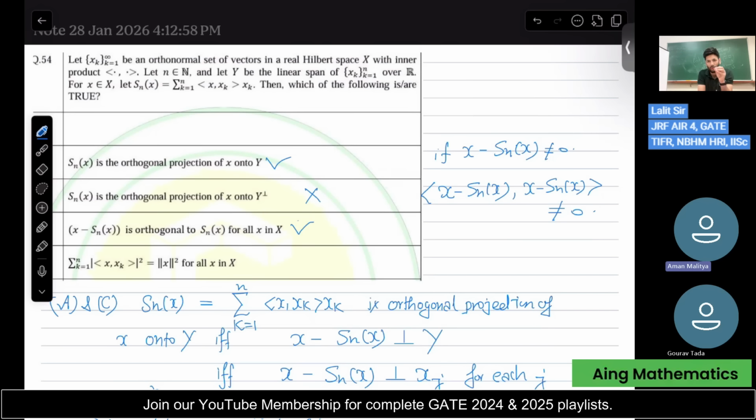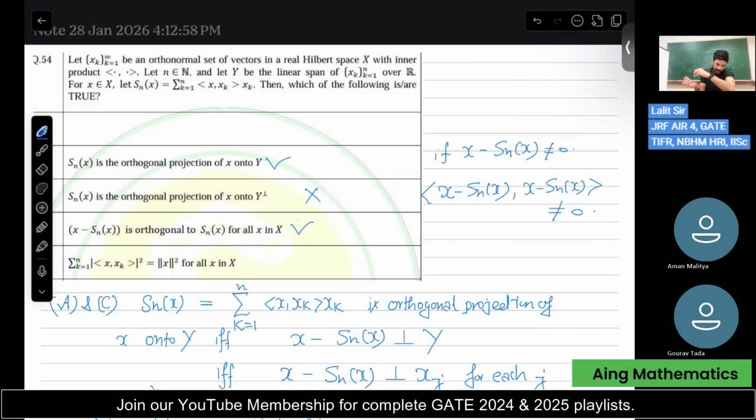Yes sir, Snx is the closest vector to x in y. So if x is in y, then Snx will be equal to x. But if x is outside y, then they are not equal, which means that x minus Snx is a non-zero vector.